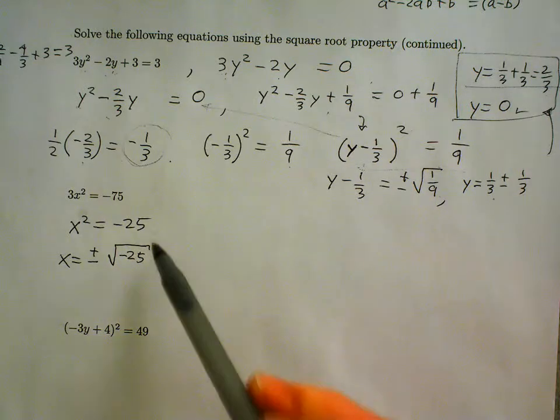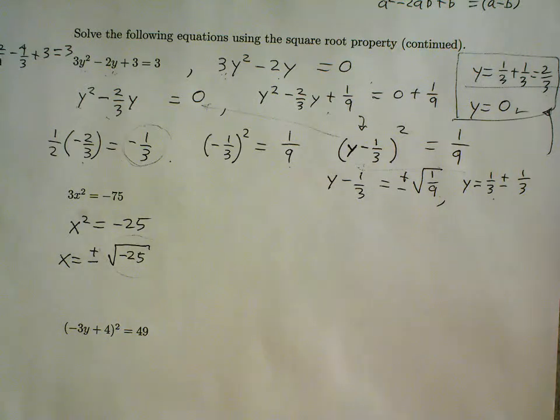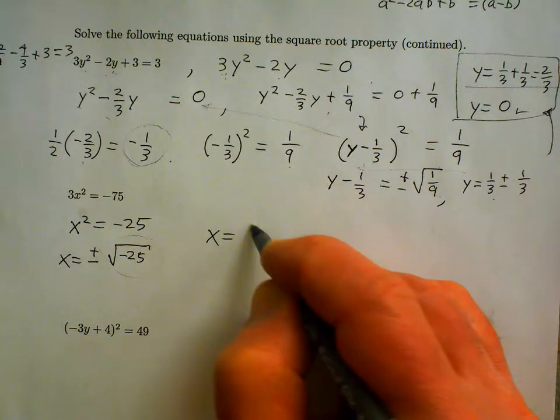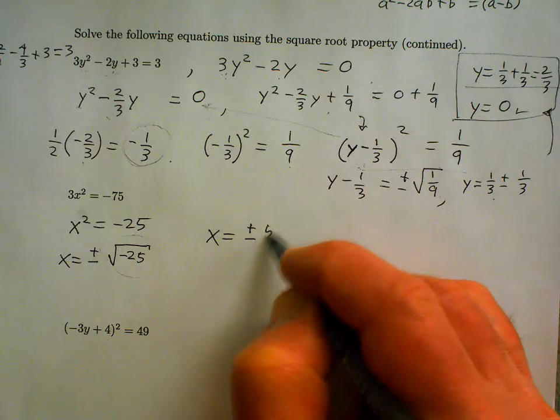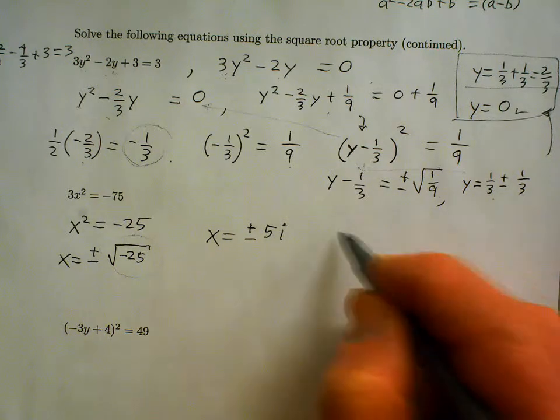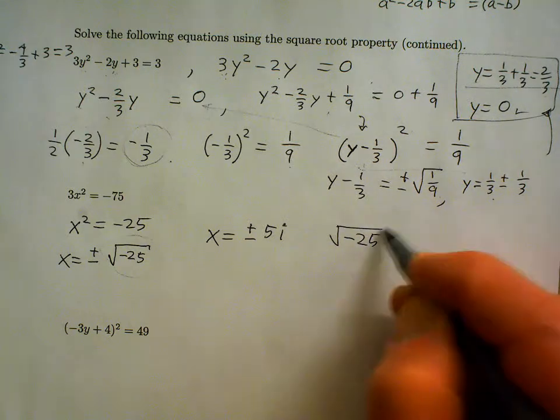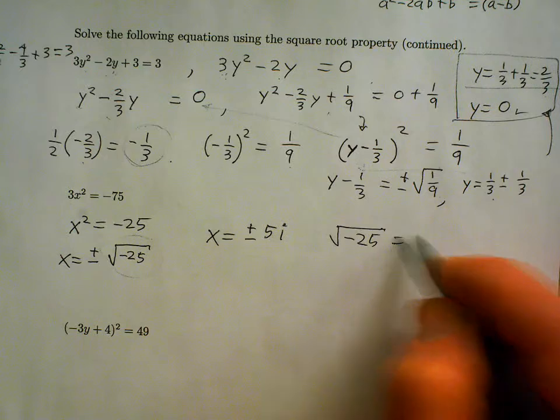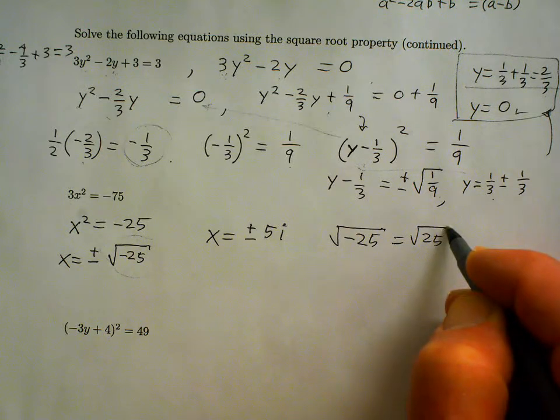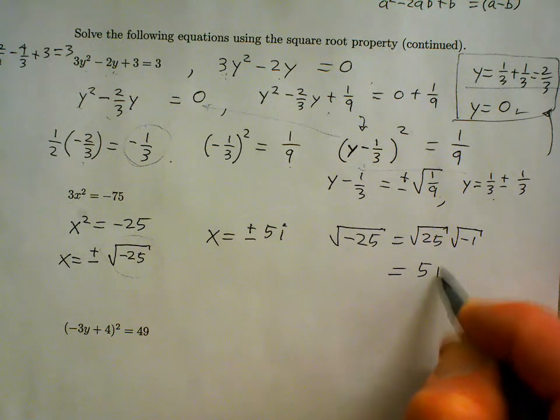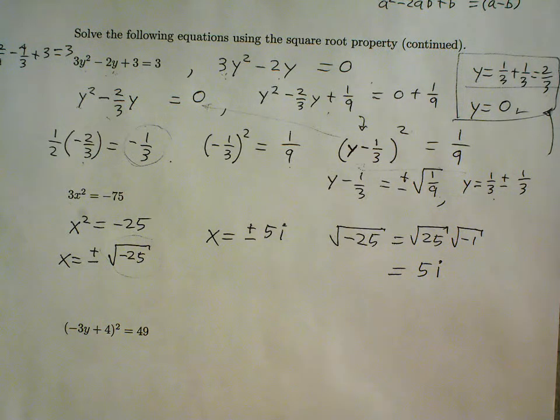We now know how to simplify square roots of negative numbers. So we get positive and negative 5i. So we recall the square root of negative 25 is the square root of 25 times the square root of negative 1, which we write as 5i. So those are the two solutions to that one.